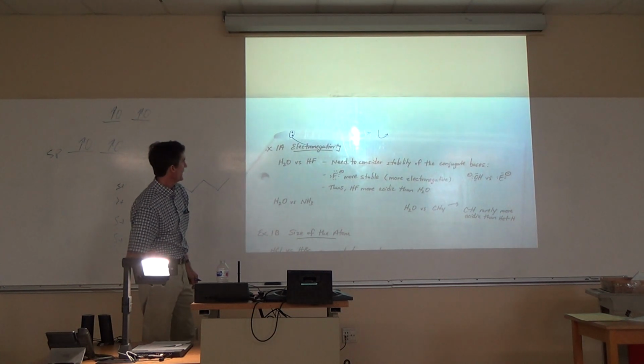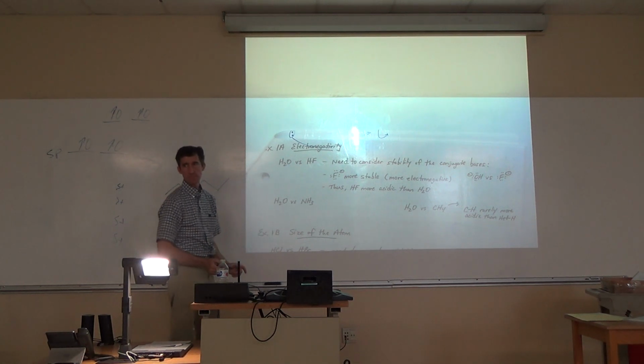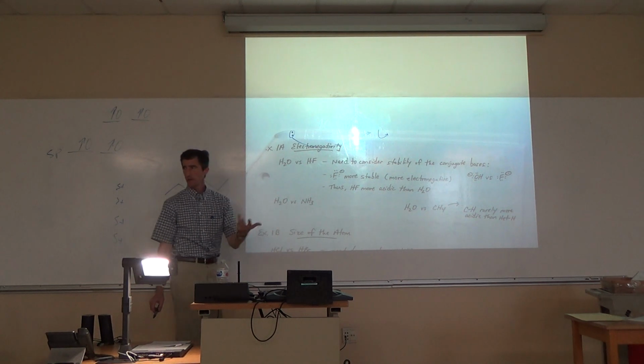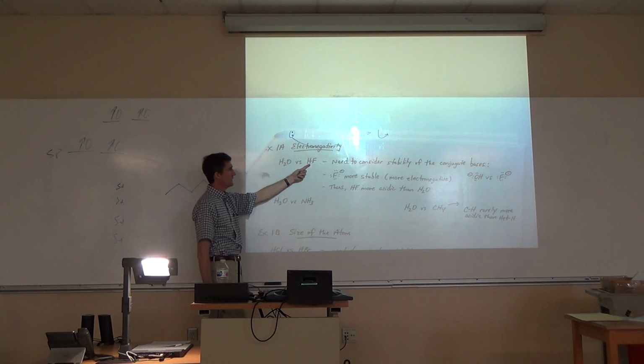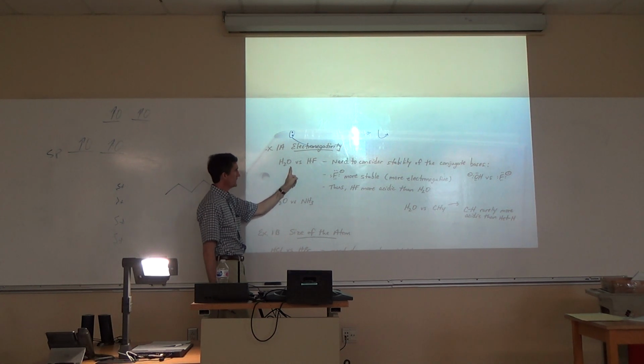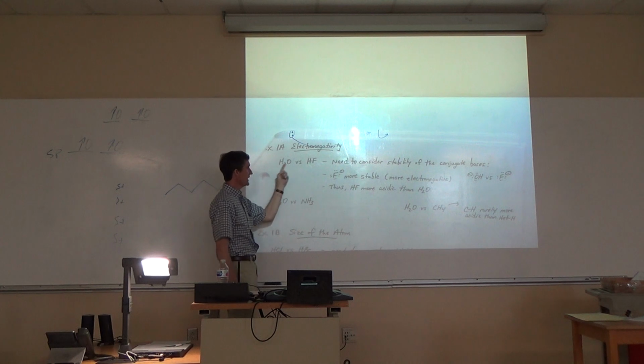Water versus HF. Which is a stronger acid? HF, but you maybe just sort of know that from memorization. But why? Why is HF a stronger acid? Fluorine is more electronegative. Okay, you may be able to rationalize it. Let's do it here. Anytime you're considering acidity, you really need to look at the conjugate bases.